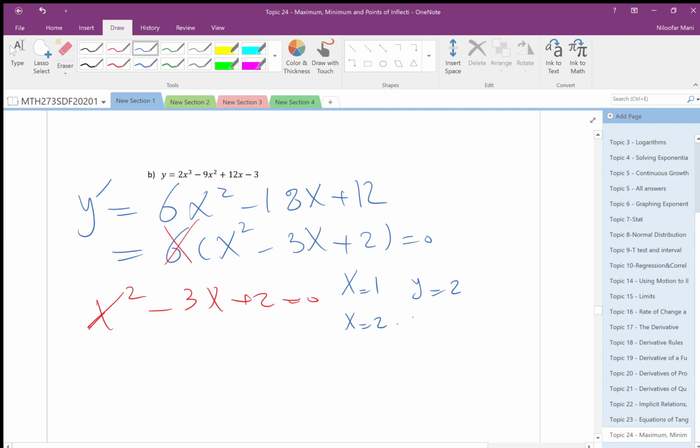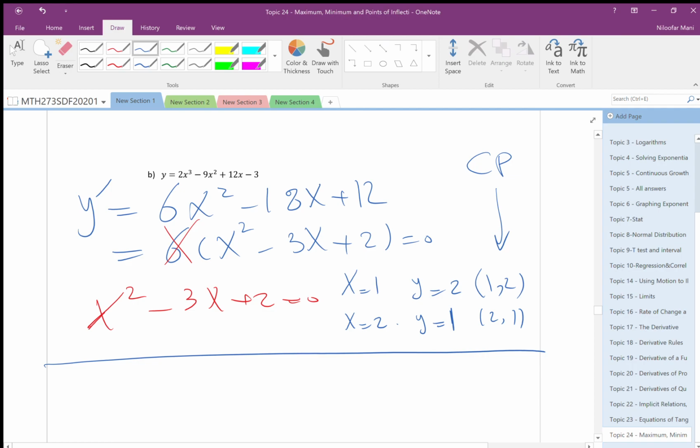And if x is 2, I put 16 minus 36 plus 24 minus 3, which is 1. Okay, so I have 2 points. One of them is (1, 2), one of them is (2, 1), and they are both critical points because they both make first derivative 0.